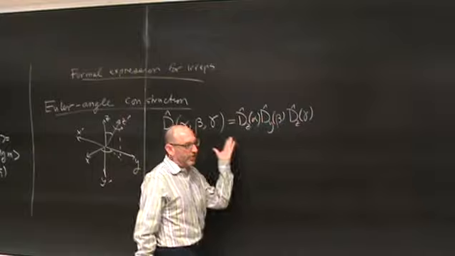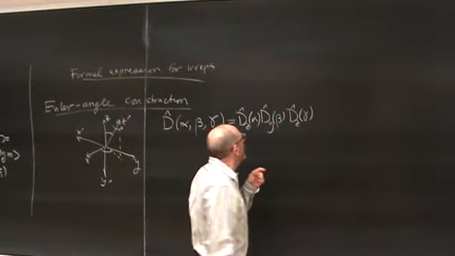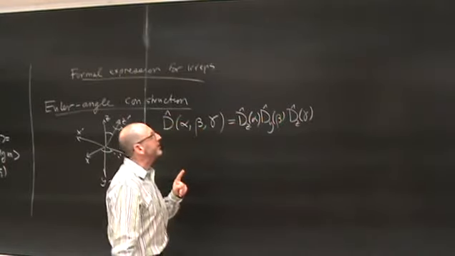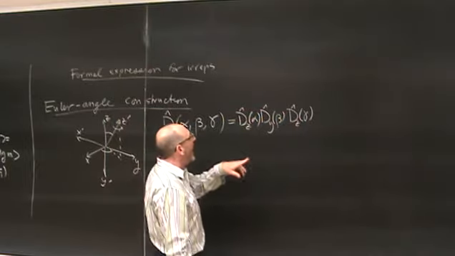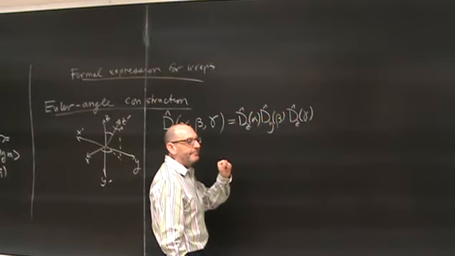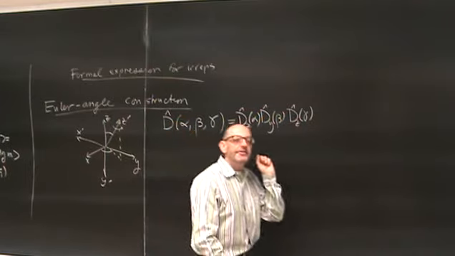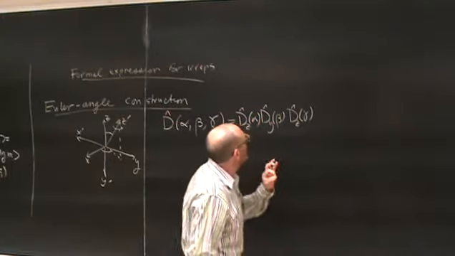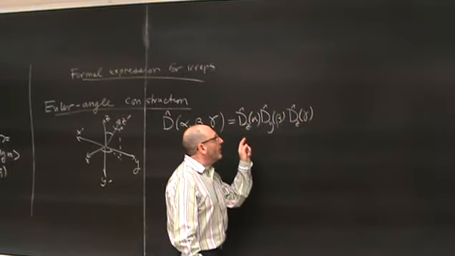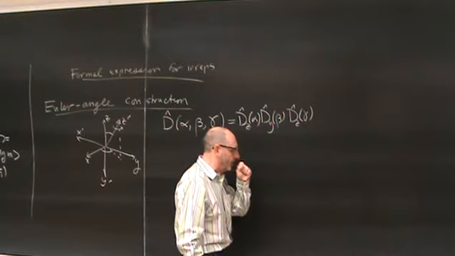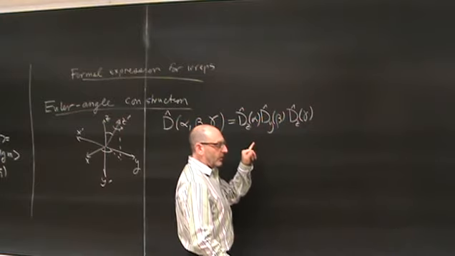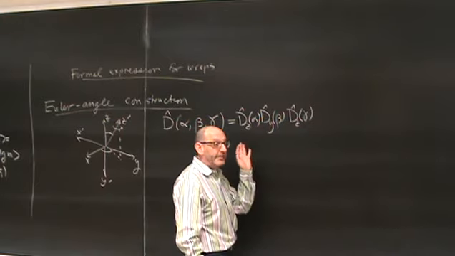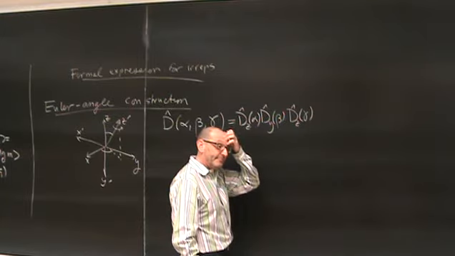Why is this a useful parameterization? It's useful because, in some sense, it reduces everything. Well, before I say that, let me back up and say one other thing. Rotations around x and y and z don't commute with one another, right?